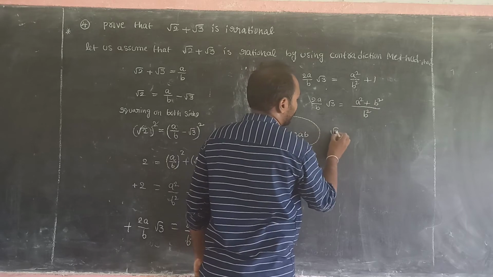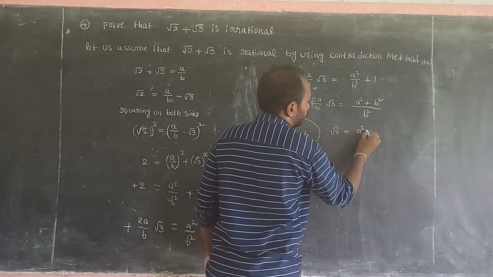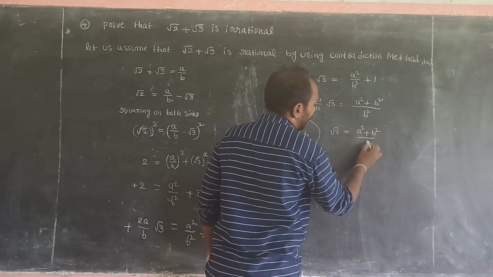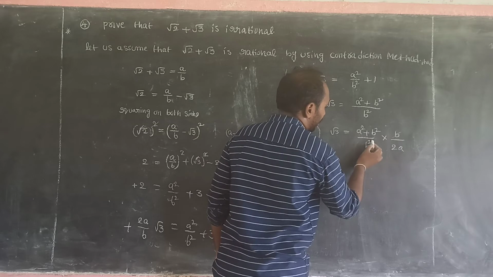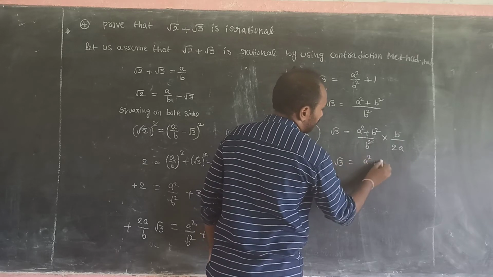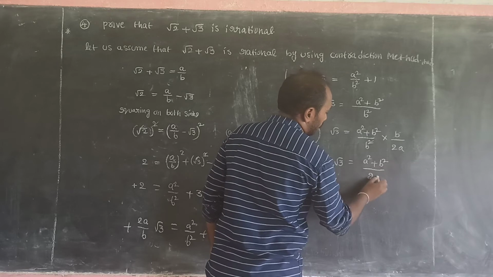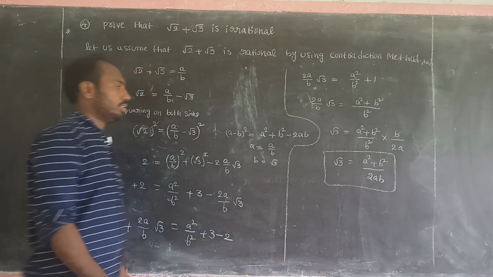So root 3 is equal to a by b reciprocal, b by 2a, b square cancels. Root 3 is equal to (a square plus b square) by 2ab. This is the final answer.